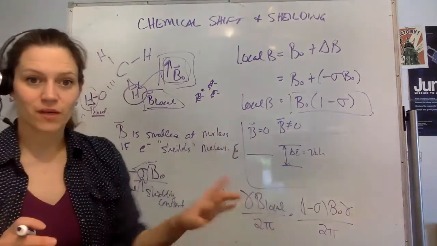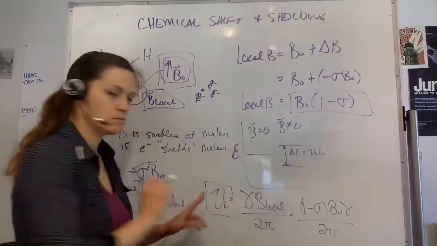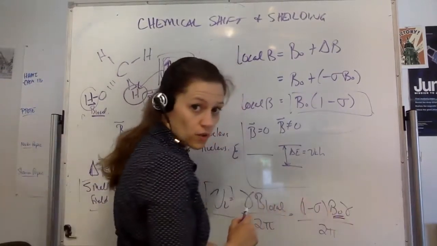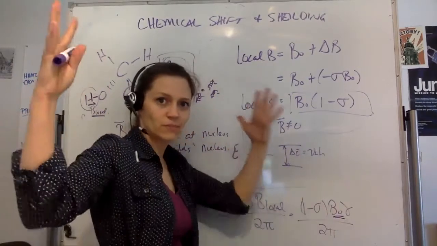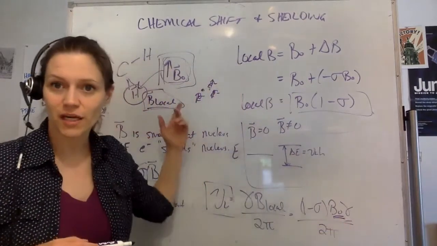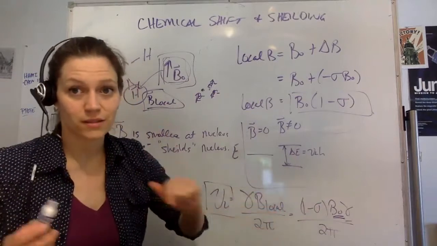The cool thing is that now we have our Larmor frequency in terms of B0, which we control. That's just the strength of the magnetic field in the big magnet. That's our gyromagnetic ratio, so depending on what nuclei we have, that's just an experimental number we can look up. And 2 pi, thank goodness, is not changing.